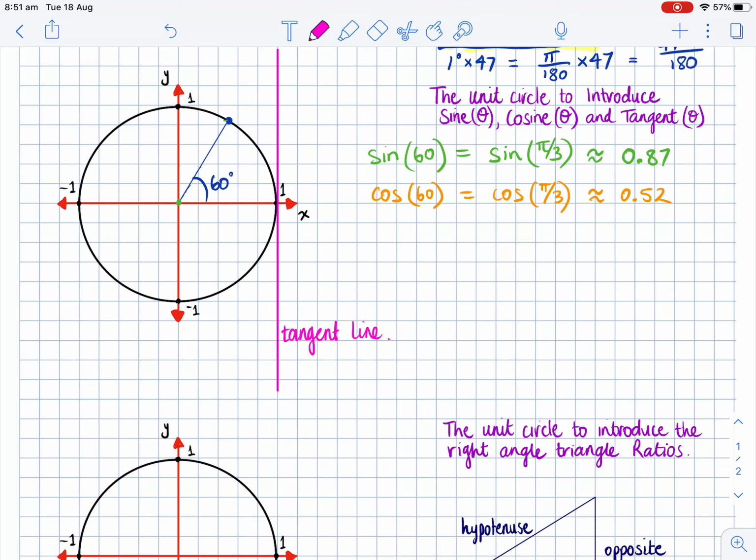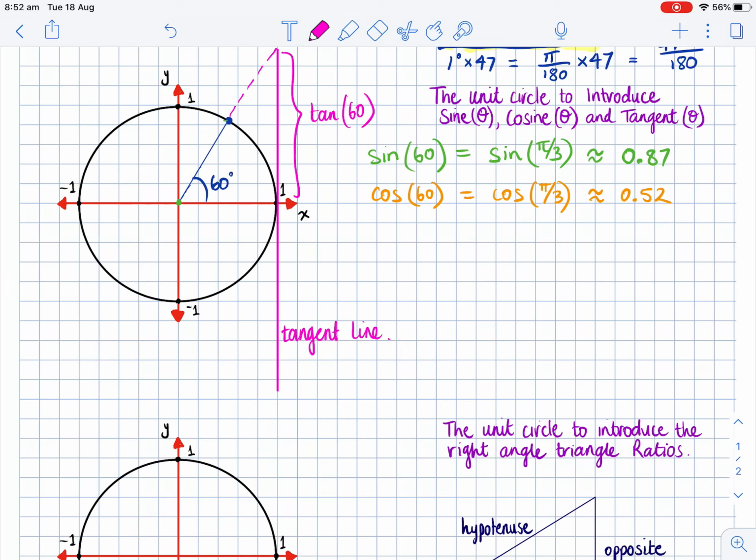Now there's other ways of describing what the tangent line is, but I'm going to stick with this one. I like it for simplicity. So if I kept my line at 60 degrees going all the way up until it hits the tangent line, then the length here is equal to tan of 60 degrees. And again, I can use the y-axis to help me estimate there.